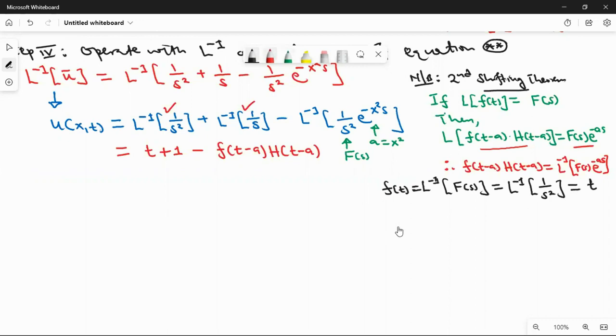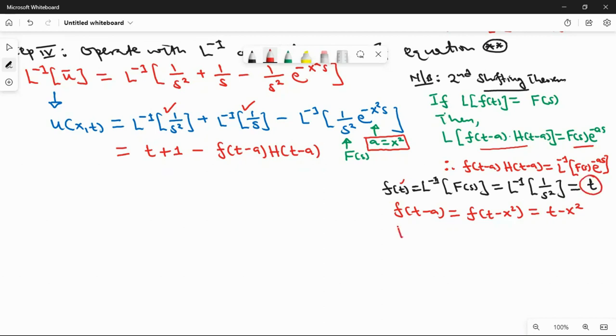Our a is equal to x squared. So I need f of t minus a, that is simply f of t minus x squared. And f of t is t. So f of t minus x squared will simply be t minus x squared. We are replacing the t by t minus x squared.